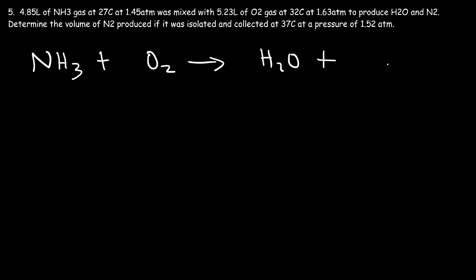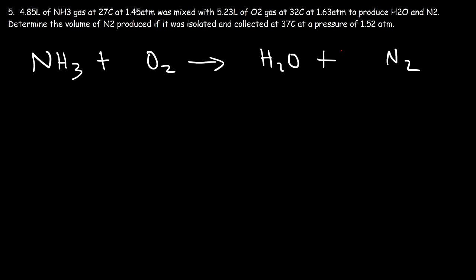Well, let's start with a balanced chemical reaction. So we have ammonia reacting with oxygen gas, and it's going to produce water plus nitrogen gas. So how can we balance this chemical equation?